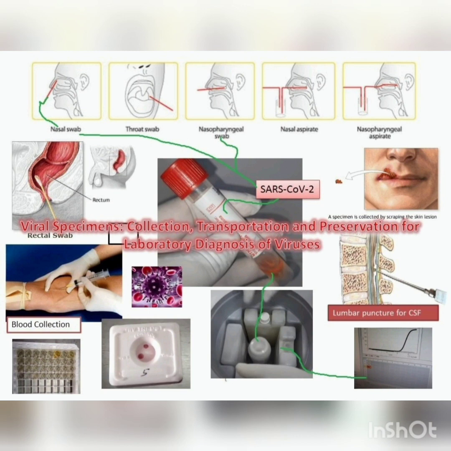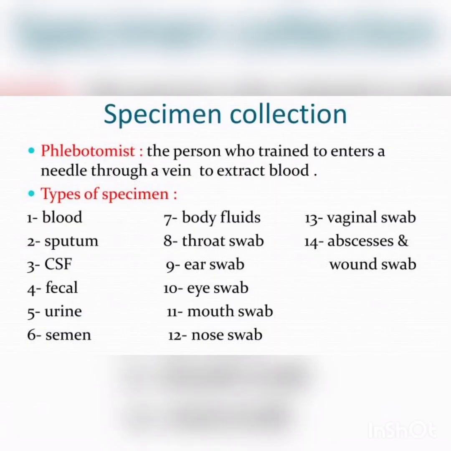The specimen might be pus, a tissue, a fluid from the body, or blood. Whatever it is, that is known as the specimen, and you send it to the laboratory for microbial study. The microbiologist or lab technician will do the study and give the report. So let us discuss the specimen containers and their transport here.